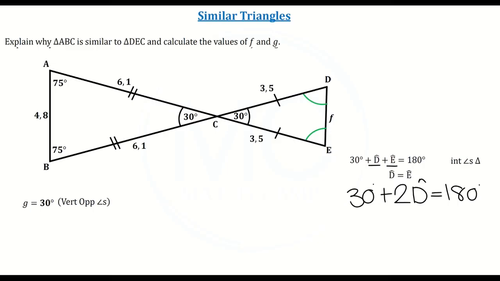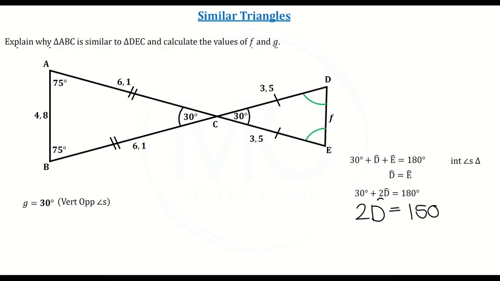And again, we can solve for D. 2D is equal to 180 minus 30, which gives us 150 degrees, which means that D is equal to 75 degrees. We know that angle E is equal to angle D, which means that angle E is also equal to 75 degrees. Now in our diagram, let's take out the green curve at angle D, write in 75 degrees, and we can do the same for angle E.